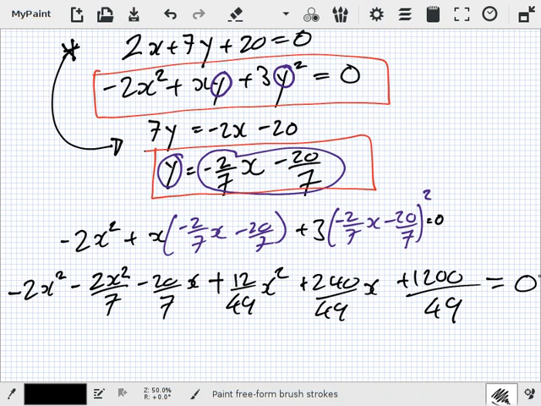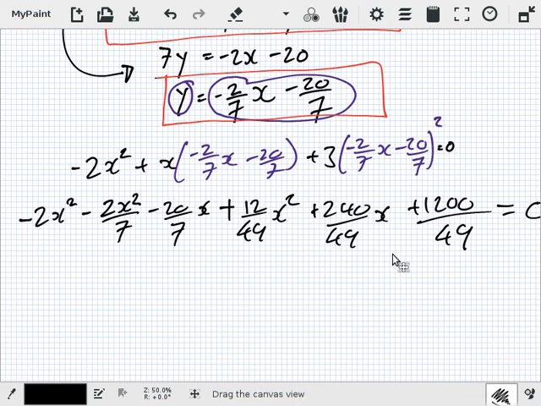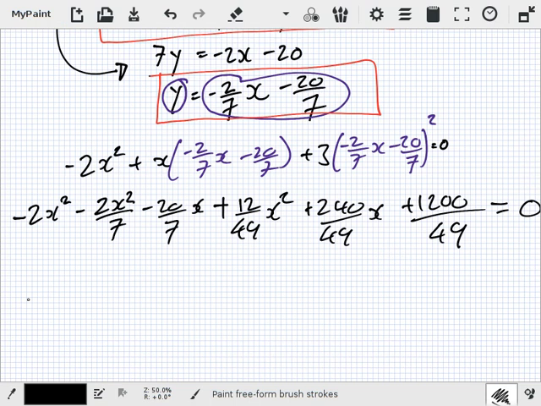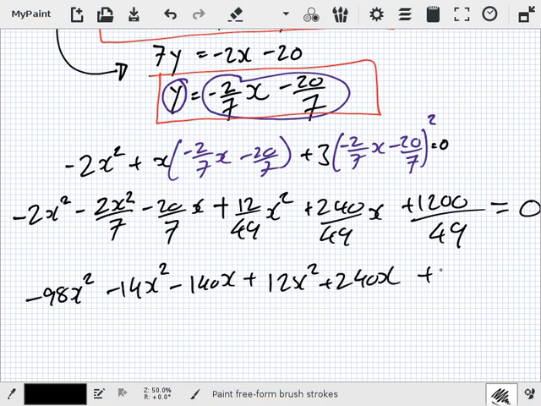What should I do next to clean this up? Multiply by 49. So if I multiply by 49, that will be minus 98x squared minus 14x squared minus 140x plus 12x squared plus 240x plus 1200 equals 0.